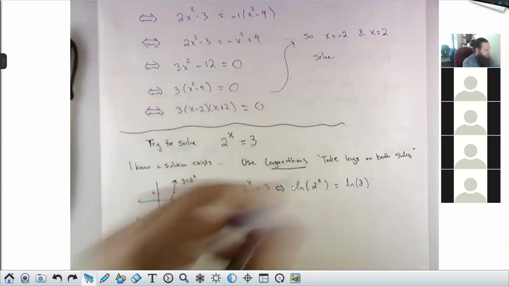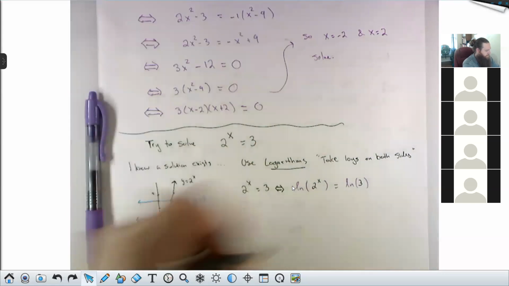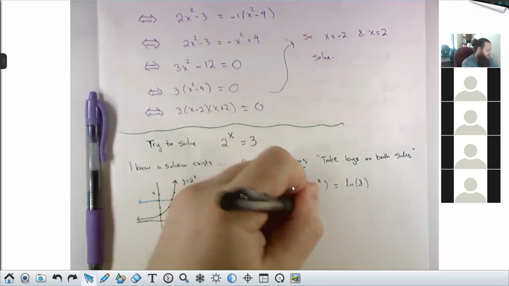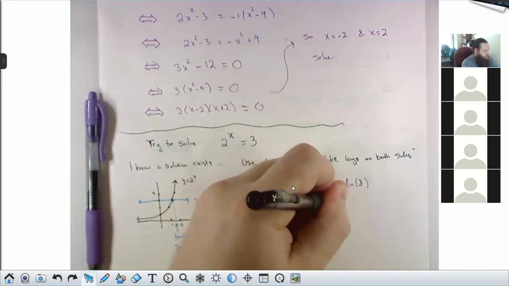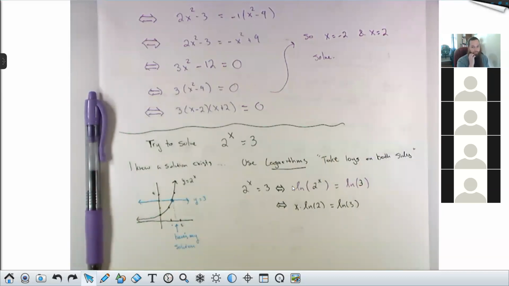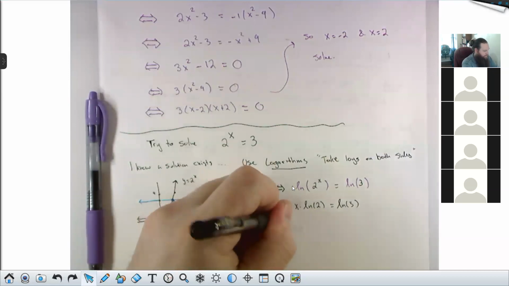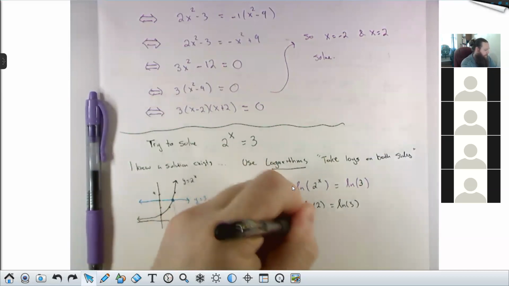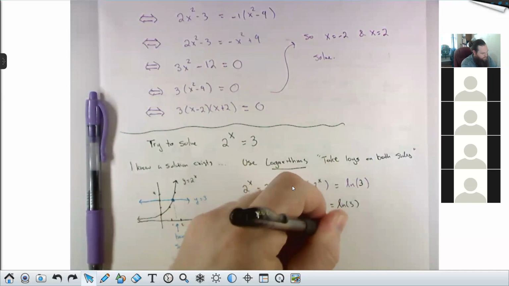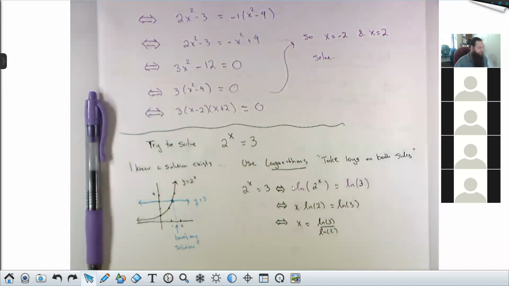So this would then become x times the ln of 2 equals the ln of 3, which means x is equal to the ln of 3 over the ln of 2. That's it. That's what this number is. It's the natural log of 3 divided by the natural log of 2.